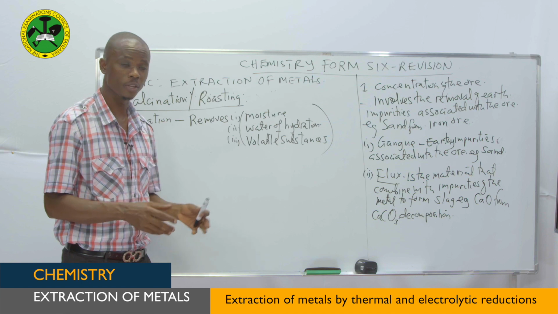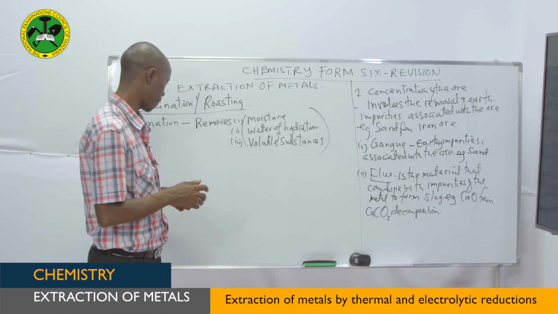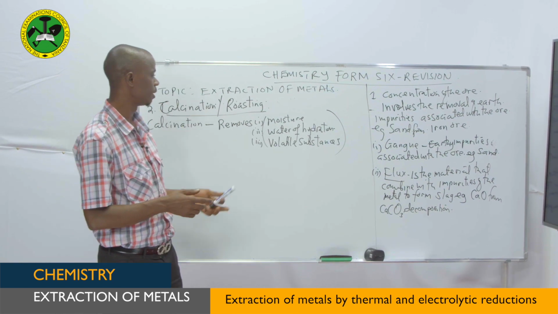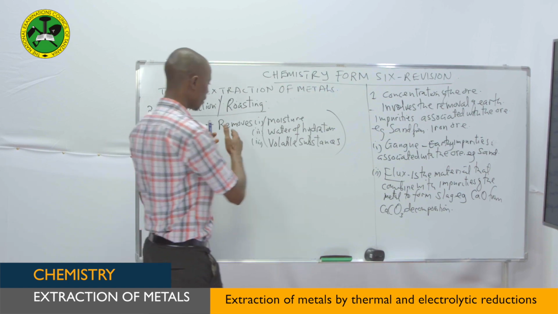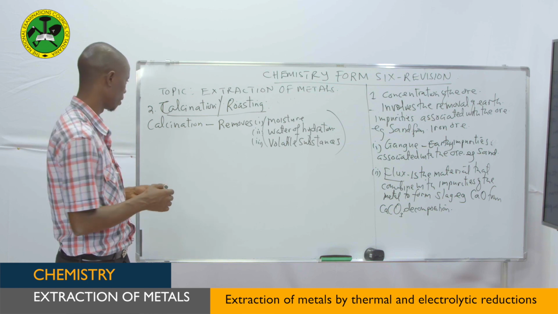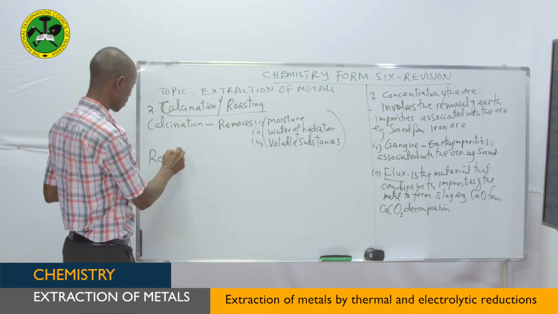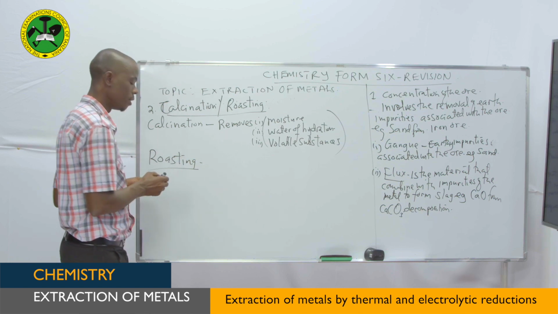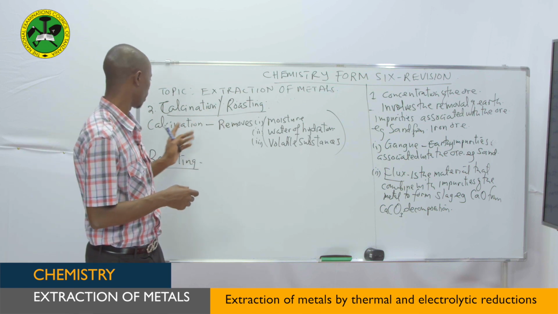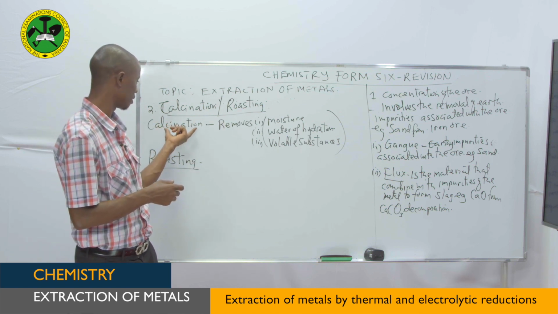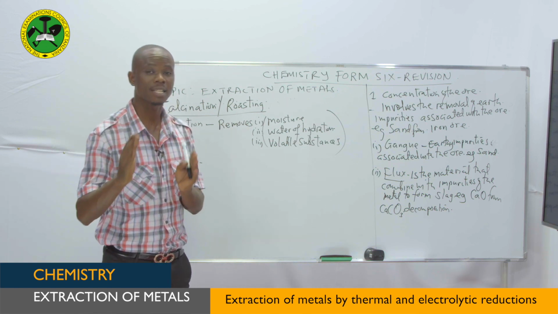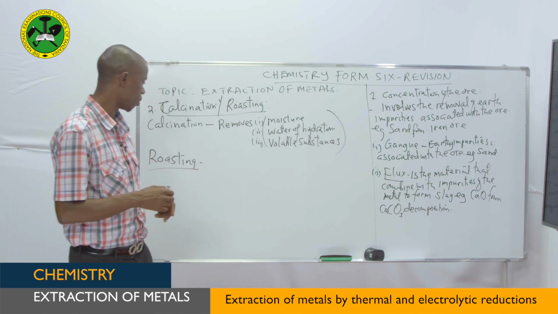So this is done by using a limited supply of air. Now, the calcinated ore, after removing those things, is subjected to roasting. And when we talk about roasting, this involves the heating of the calcinated concentrate in excess air. We are using excess air below the fusion temperature of the metal ore.